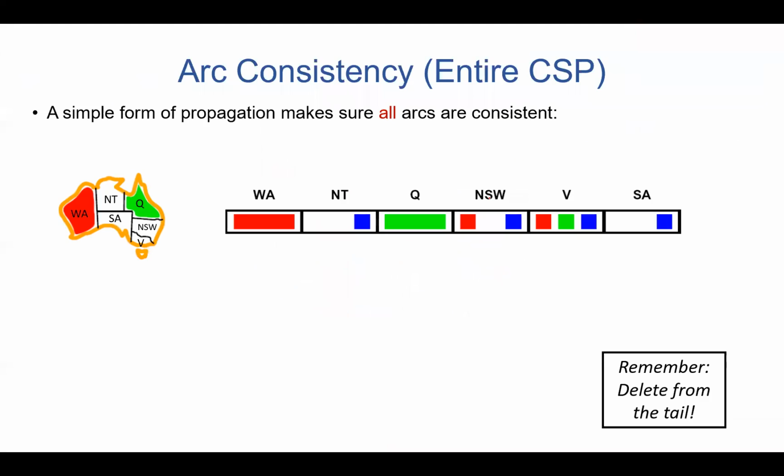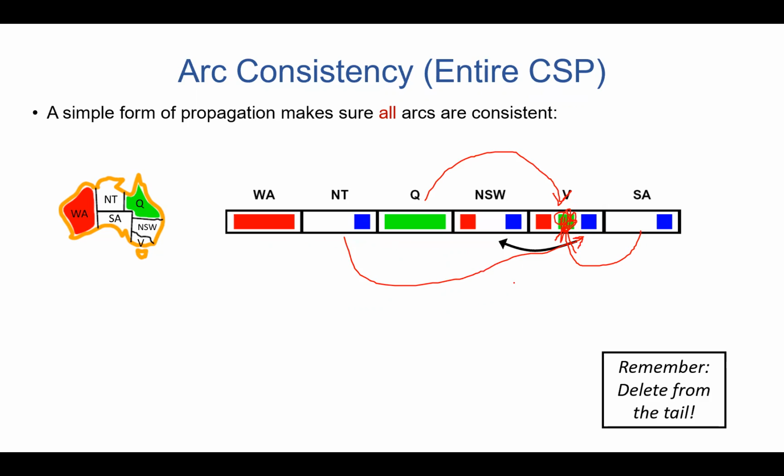I'll tell you its complexity once again. So you have to check for each arc. Now you see here, we're looking at this arc, V and NSW. Suppose that we have removed the color red from V. We will have to go back and check all the arcs again between Southern Australia and V, between Queensland and Victoria, between Northern Territory and Victoria.